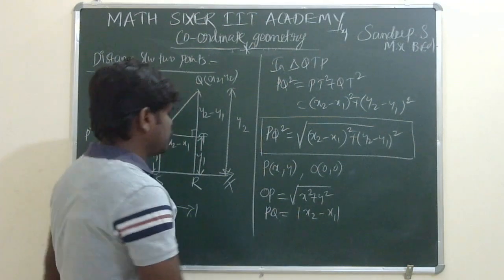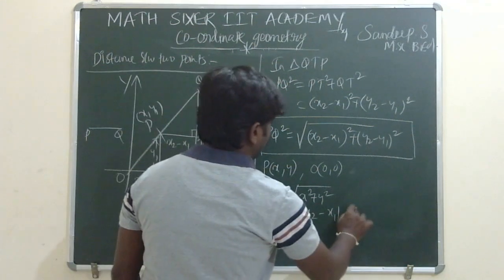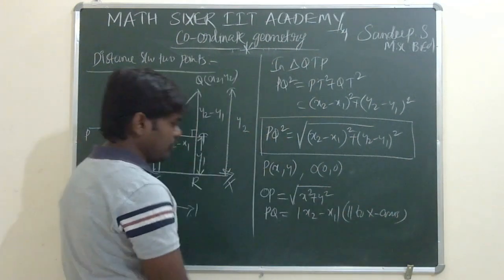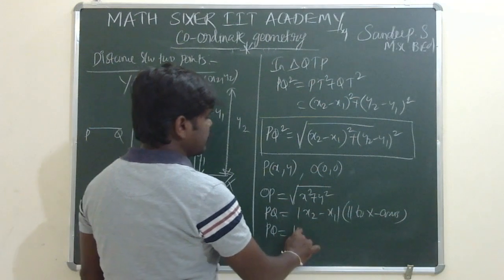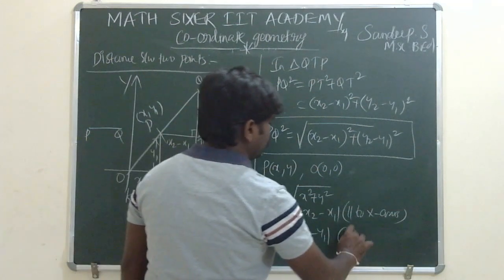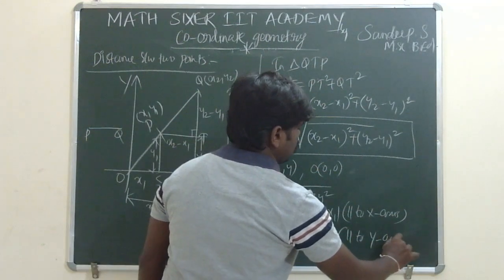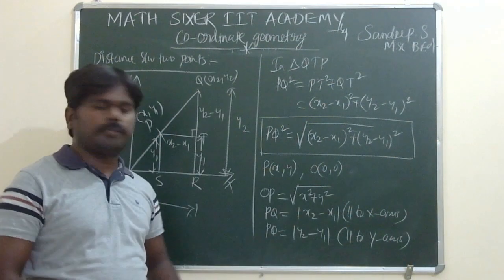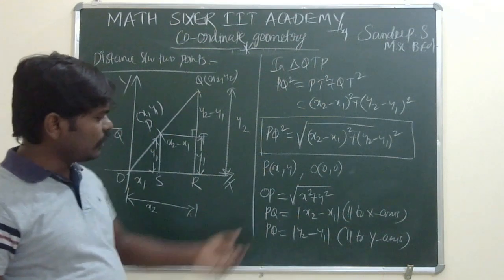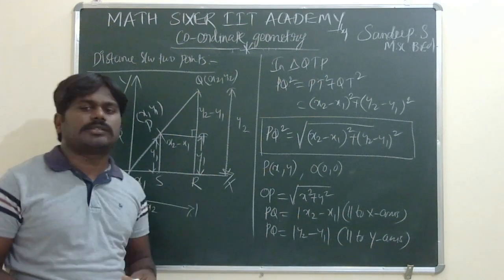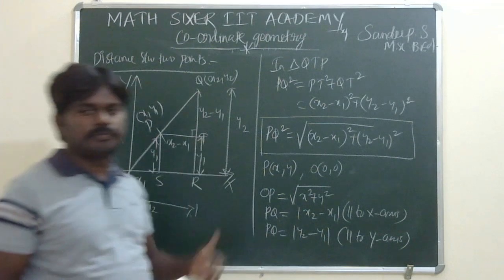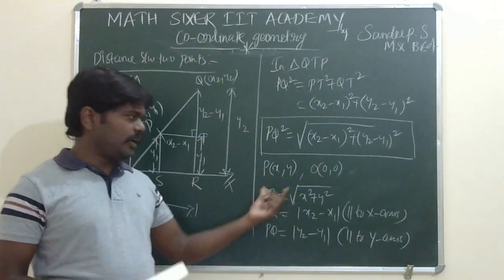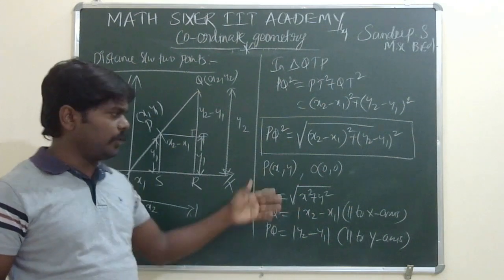When it is parallel to the y-axis, then we have to use the modulus of y2 minus y1 formula. Okay, so this is the way of finding the distance between 2 points when they are different, when they are parallel to either axis, and the distance from the origin to a point.